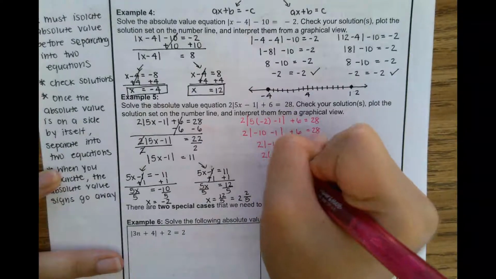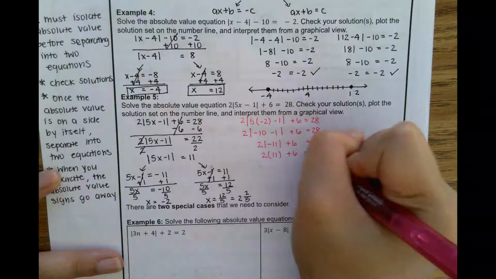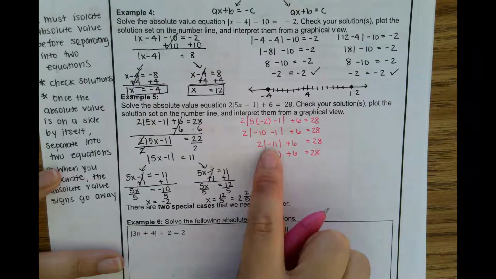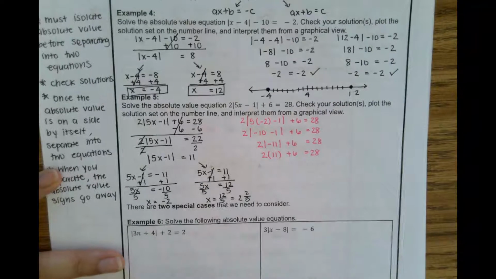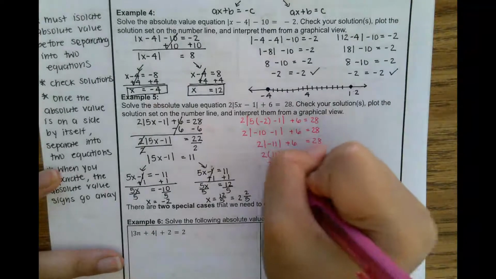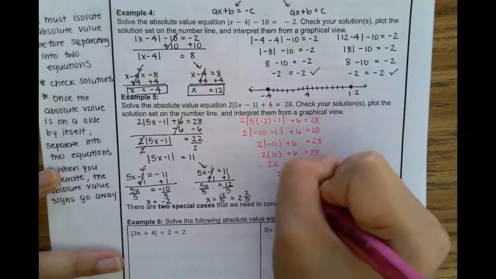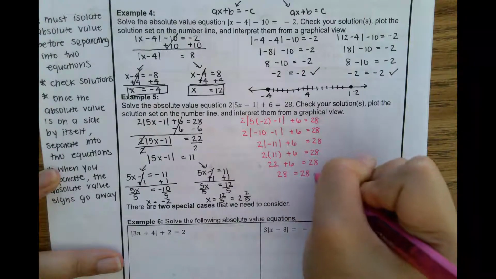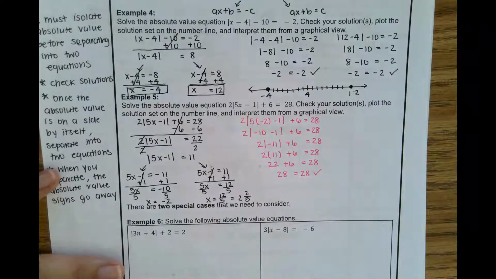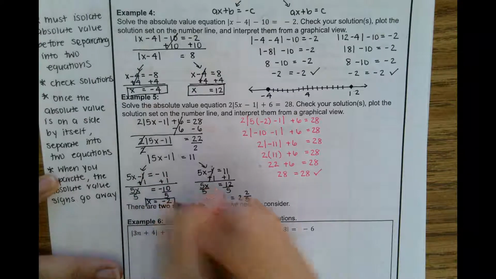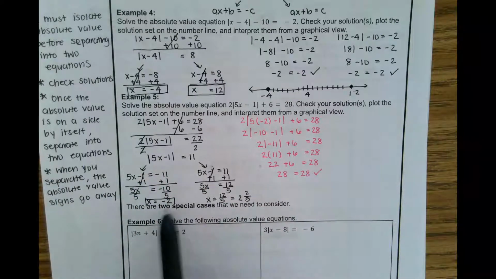So this means 2 times 11. Absolute values turn it positive, so that's why the negative 11 becomes positive 11. 2 times 11 is 22. 22 plus 6 is 28. Does 28 equal 28? Yes, it does. So that means x equals negative 2 is one of my solutions. So it is a solution.